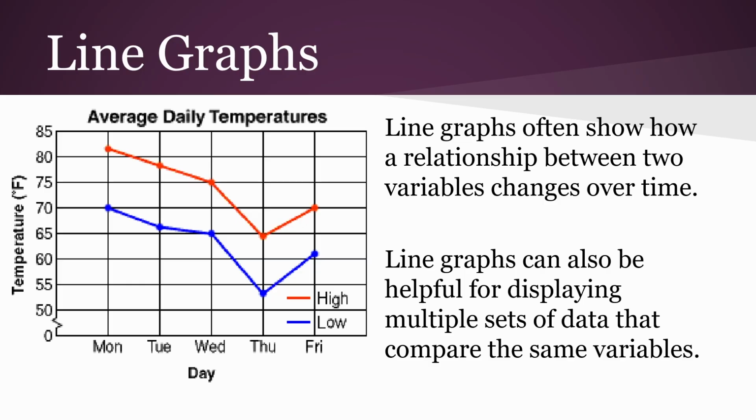The x-axis, the bottom one, shows the day, and the y-axis, the tall one going up and down, shows the temperature in degrees Fahrenheit. We don't use Fahrenheit, we use Celsius. Two different lines let us compare how high and low temperature patterns over the same period are different. Because the data points are connected, we can quickly see where the values rise, fall, or stay similar. When the order of the data matters, especially over time, that's an important bit, a line graph is often a good choice. Over time, we do the line.